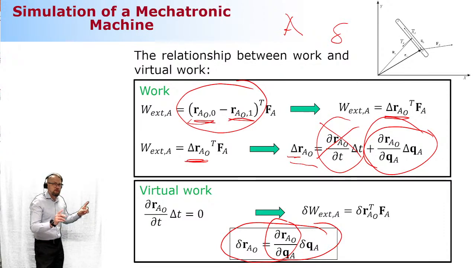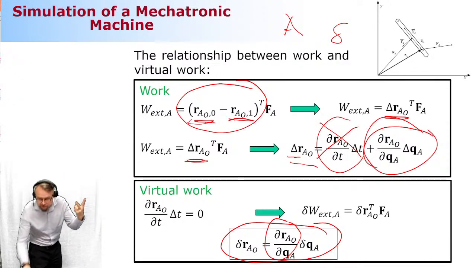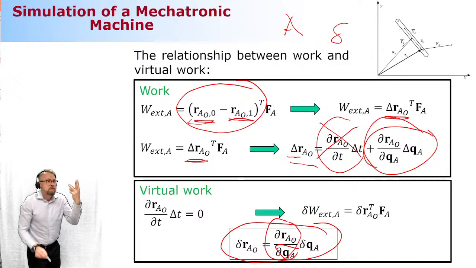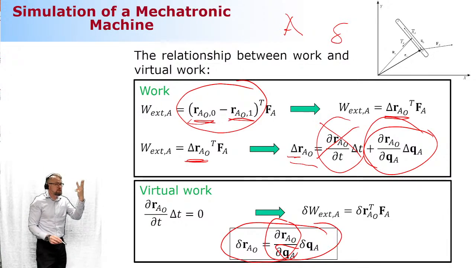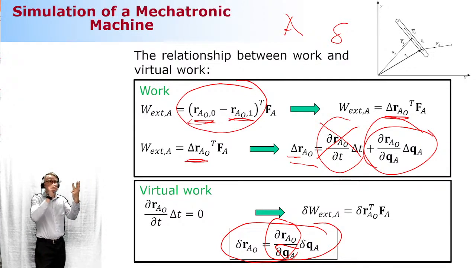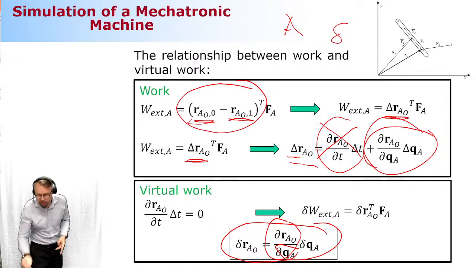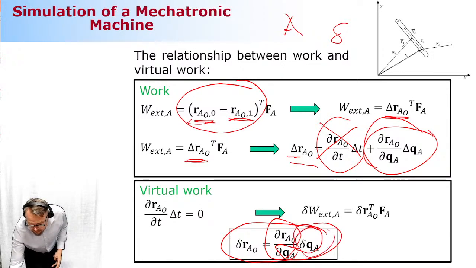R, remember, is expressed using global coordinates, two components. Q, three components. So this will lead to a matrix with 2 rows and 3 columns because of this partial operation. Then that is multiplied by delta Q.